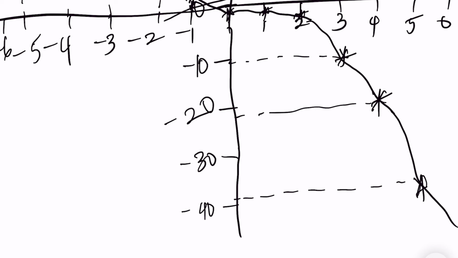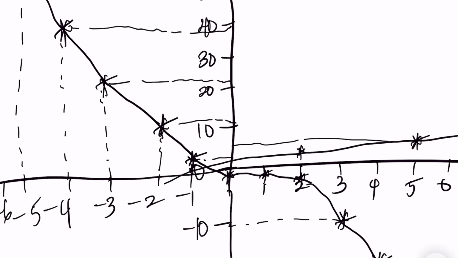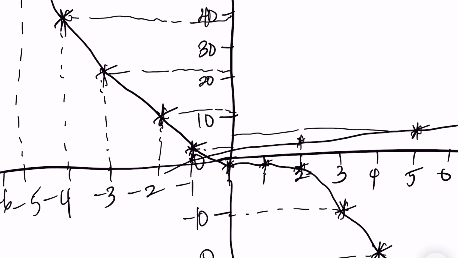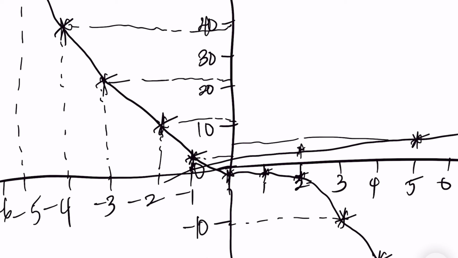Now, use the graph to solve the simultaneous equation of these two. The required solution will be where the straight line meets the curve on the x coordinate. Now, on the x coordinate, where do we have it?